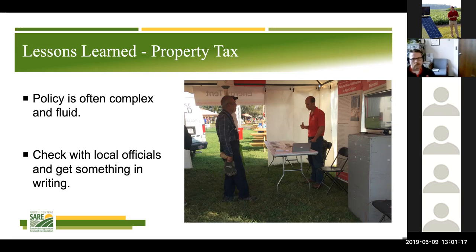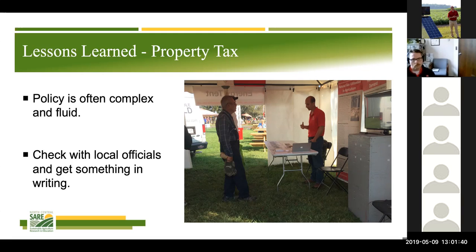However, not being fully comfortable with the details or inner workings of that legislation, he didn't realize that his system was going to be subject to those taxes. So he said that his property taxes went up about $800 a year as a result of that system. And that was just something they didn't account for in their cash flow table.